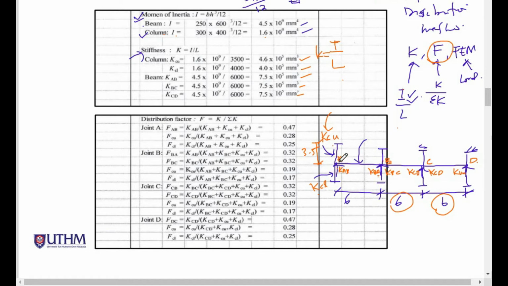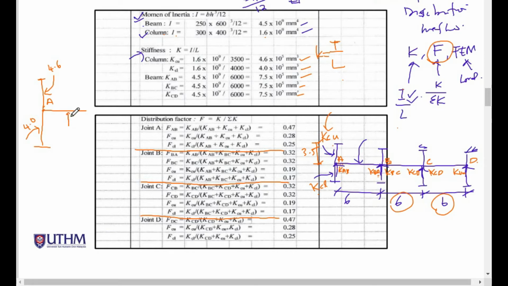Distribution factor, for example, joint A. So this is joint A. K here for the upper column is 4.6, and for the lower column is 4.